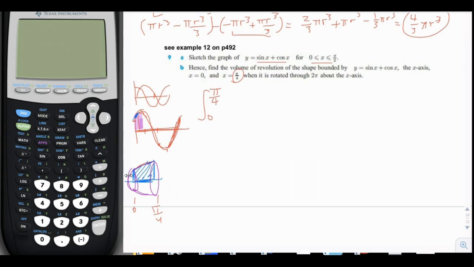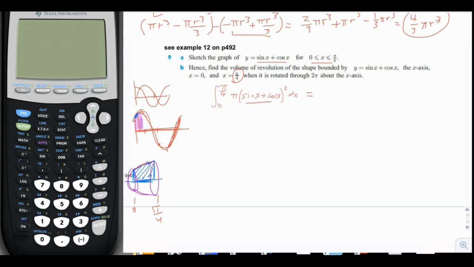And the function, oh, remember that we need to put the equation for the little cylinders we're going to cut it up into. It's going to be pi times the r, which is the function itself, squared dx, which is the height of the flat cylinders. Okay, and then we can multiply that out because we can't take the integral of something complicated like this.